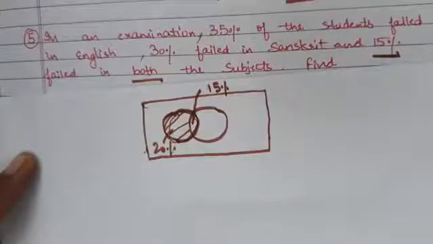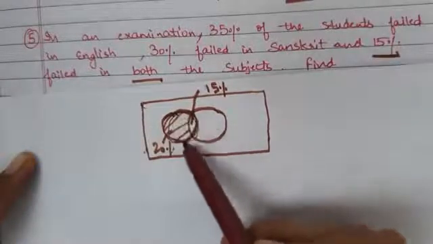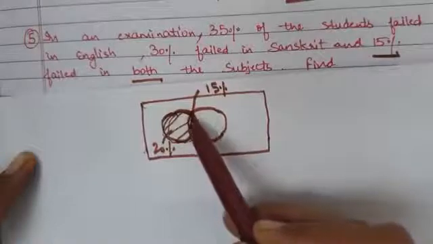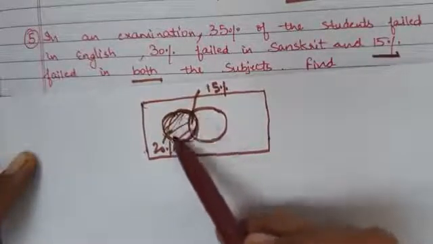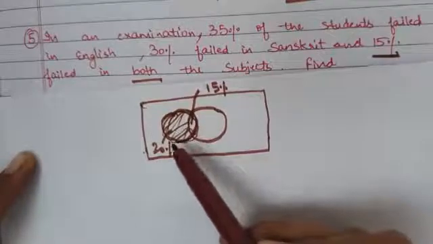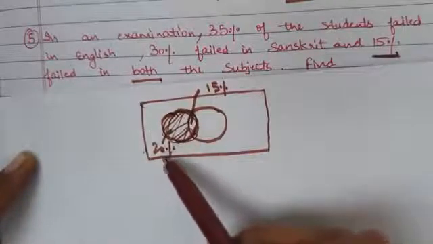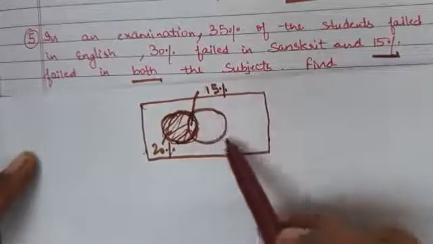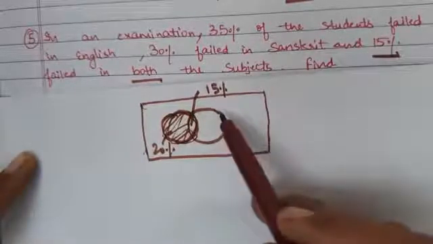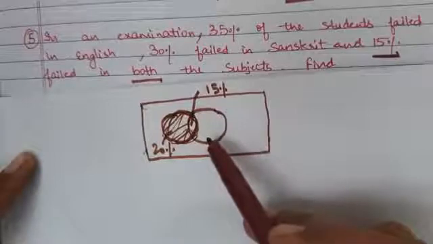Fine? Because this is the whole 35%. If you subtract 15%, you get only English failures, which are 20%. In the same way, 30% of the children failed in Sanskrit.